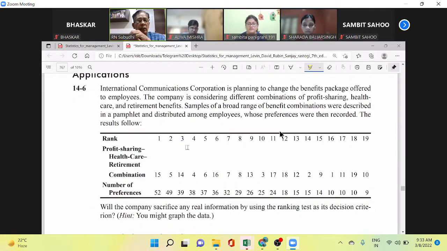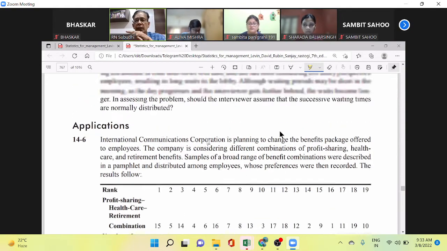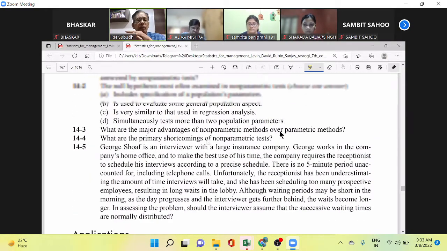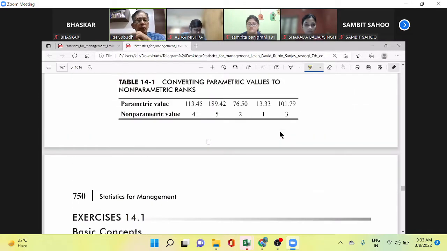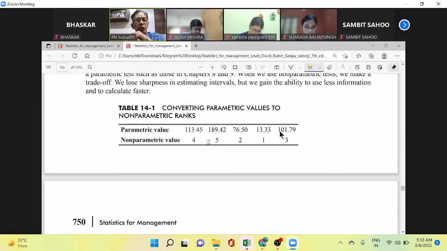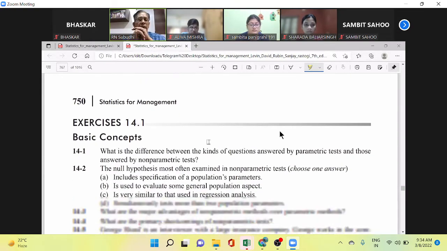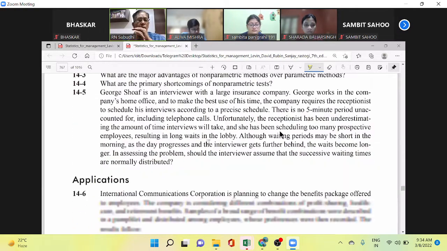Look at this data. No, not this one. I think we have missed something, sorry dear Sambita, page up. Where is table number 14.2? Look at data table number 14.2.